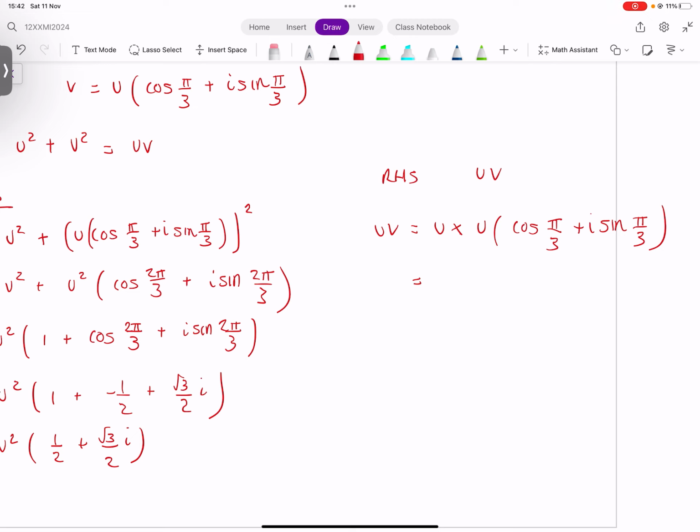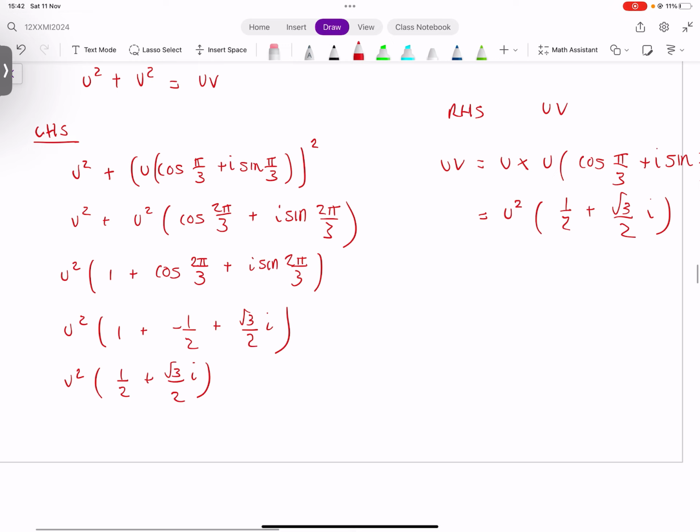Now u times u is u squared. Cos of pi on 3 is a half, and i sine of pi on 3 is root 3 on 2 i. And that's the same as the left-hand side. So therefore, the left-hand side equals the right-hand side, and we're done.